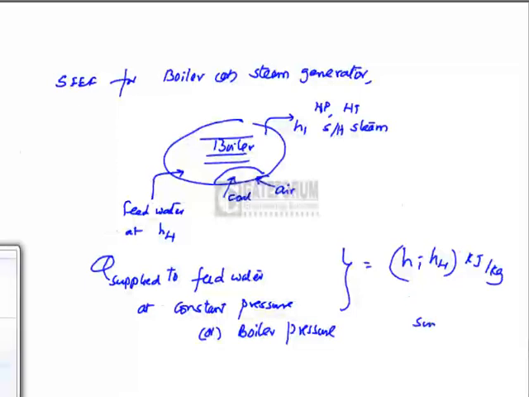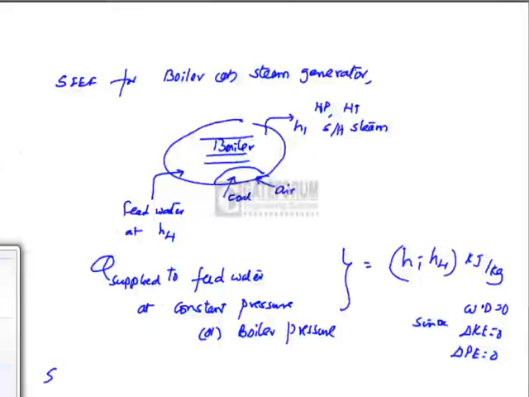Since work done in the boiler is 0, change in KE is 0, change in potential energy of water is also 0, there is only heat supplied from the hot flue gases generated in the boiler furnace to the feed water. Therefore, heat supplied is delta H of feed water.